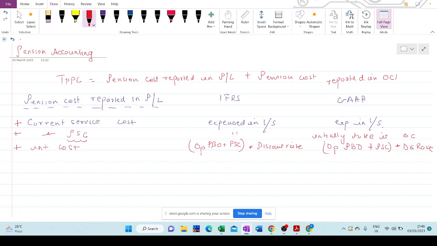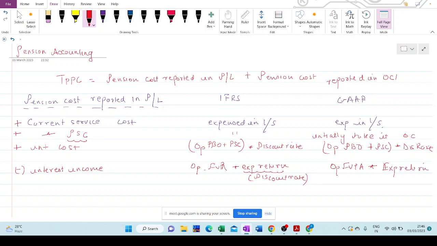Then it makes sense to deduct the income on our plan assets. So we deduct the interest income. And how do we calculate the interest income? Interest income is opening FVPA into expected return. Under IFRS, the expected return is the discount rate, and under GAAP, interest income is calculated as opening fair value of plan assets into expected return.